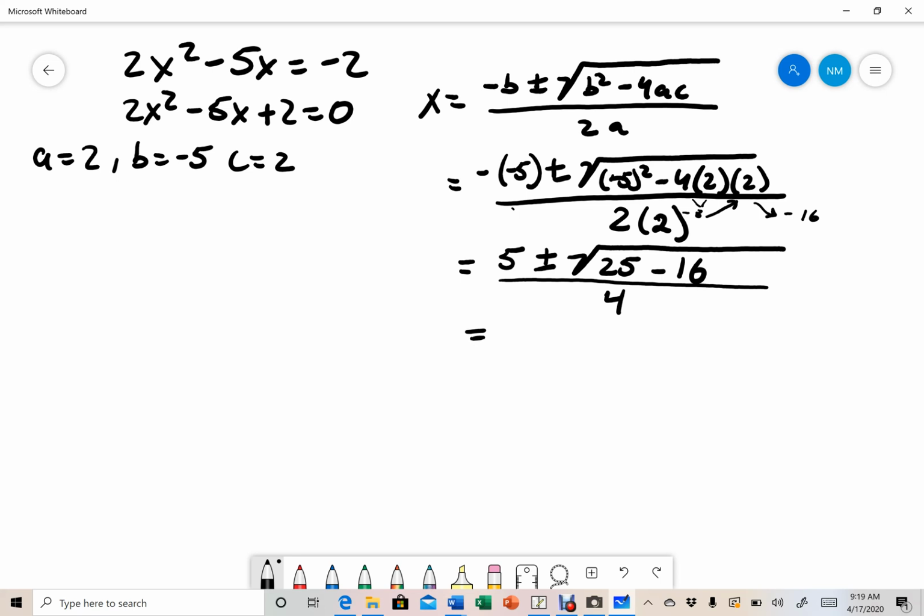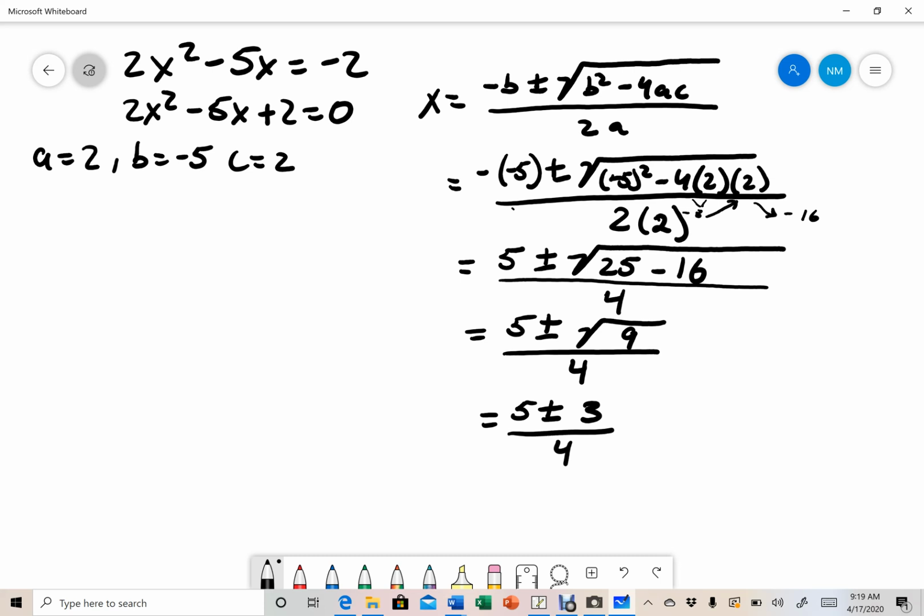Now let's combine. We've got 5 plus or minus the square root of 25 minus 16, which is 9, divided by 4. Does 9 have a perfect square root? Yes. So we have 5 plus or minus 3, because the square root of 9 is 3, divided by 4.